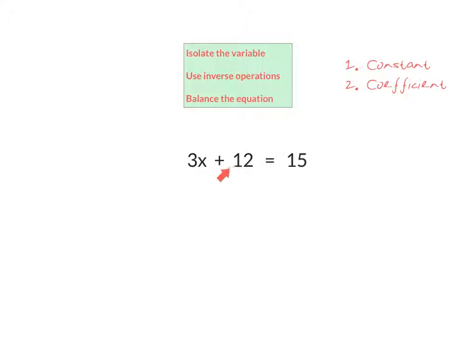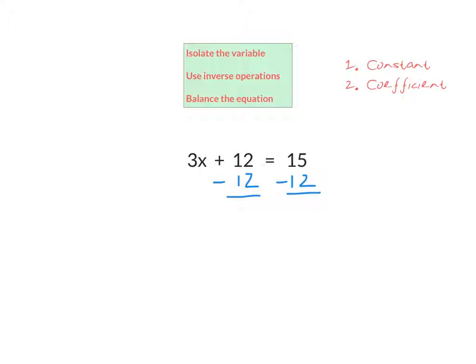So we're going to take care of getting rid of the 12 from the side of the equation with the variable first. So the opposite of addition, or the inverse operation for addition, is subtraction. So the first thing I'm going to do is subtract 12, and I'm going to do it from both sides because I need to be balanced. Whatever I do to the left side of the equation, I must do to the right side.